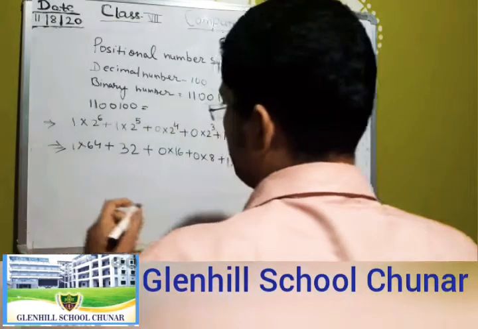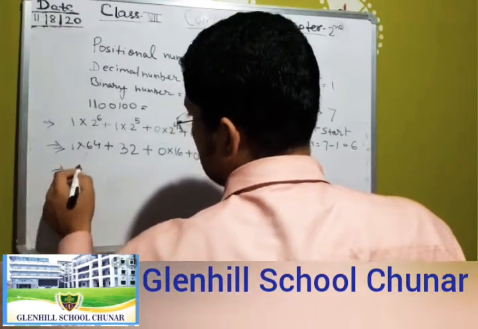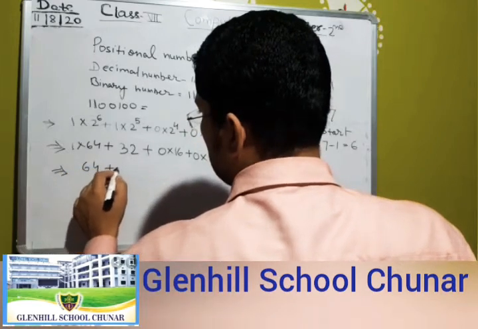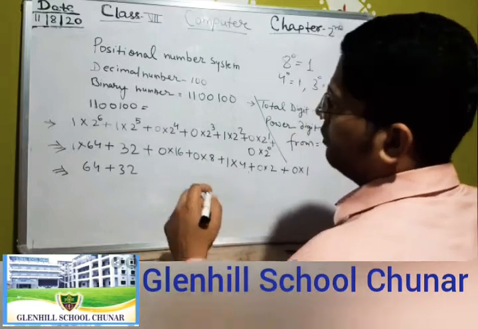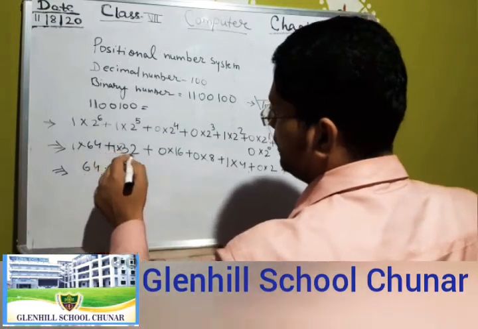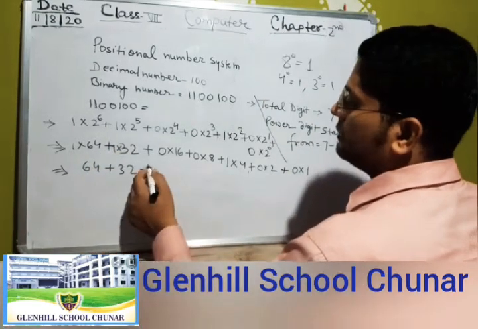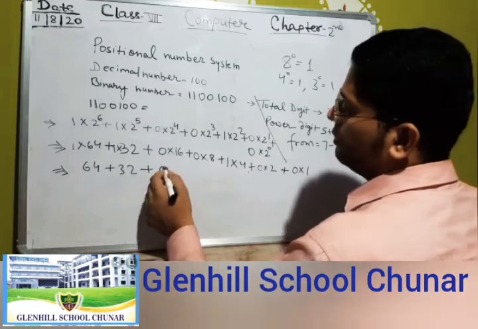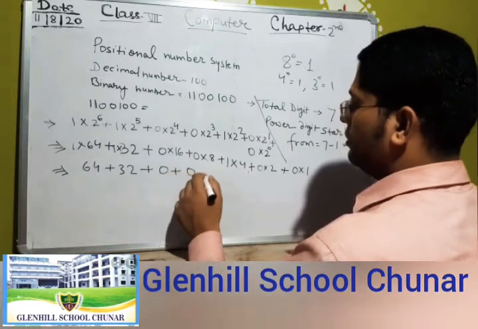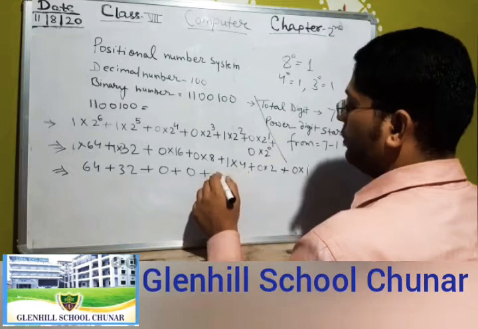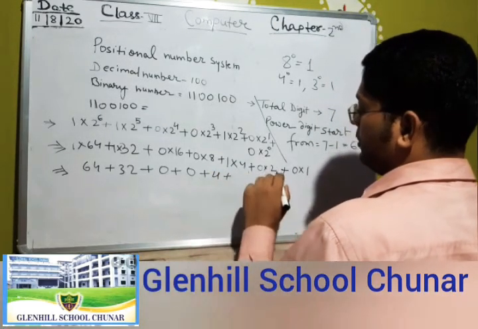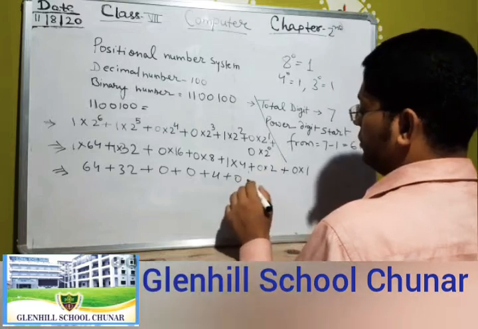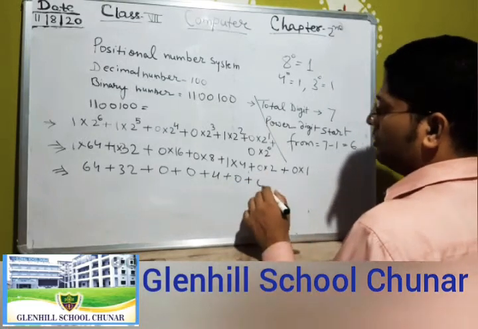So 64, 32. Here 1 into 64, plus 1 into 32, plus 16 into 0 is 0, 8 into 0 is 0, 4 into 1 is 4, plus 2 into 0 is 0, and plus 1 into 0 is 0.